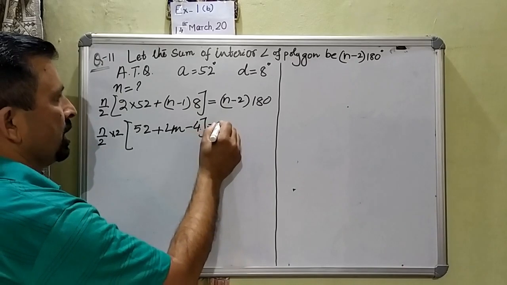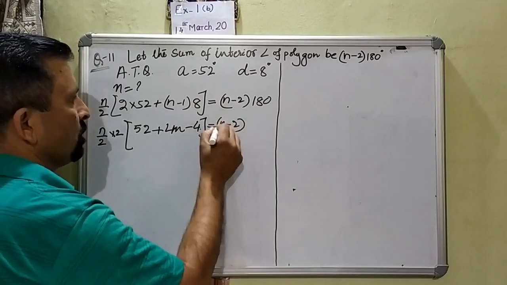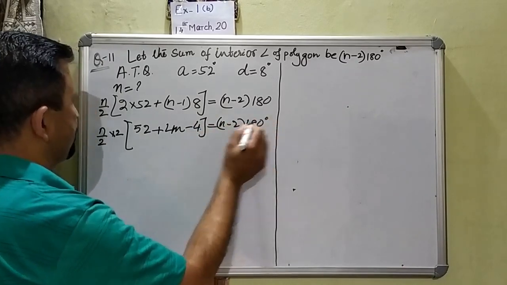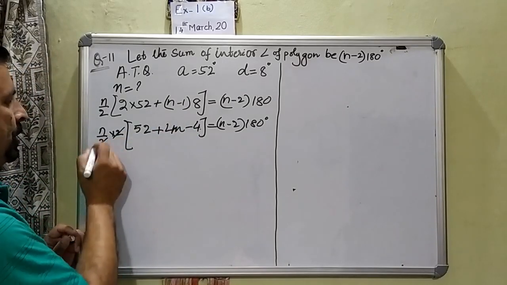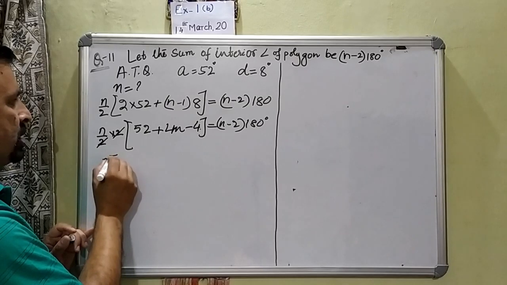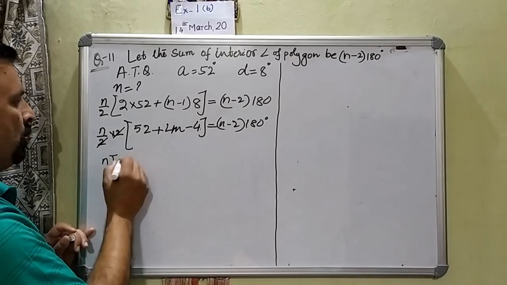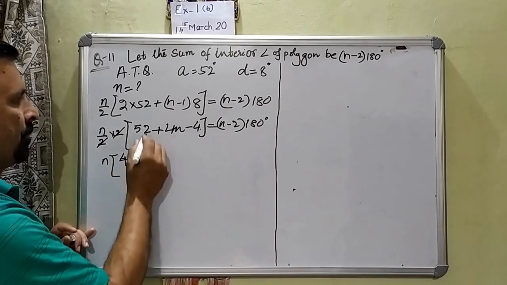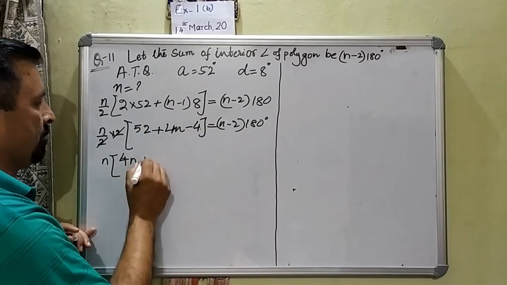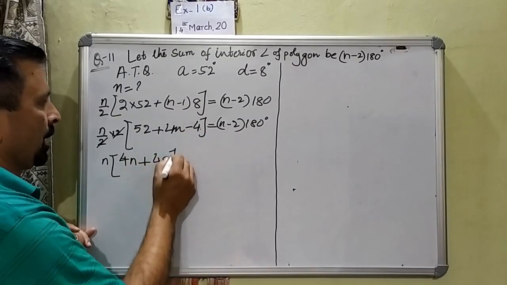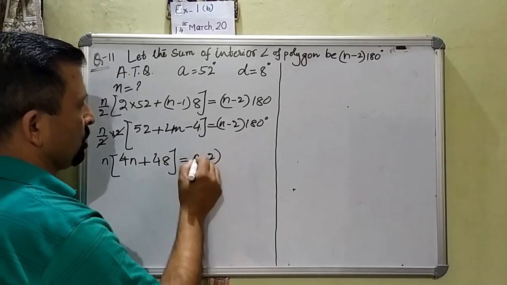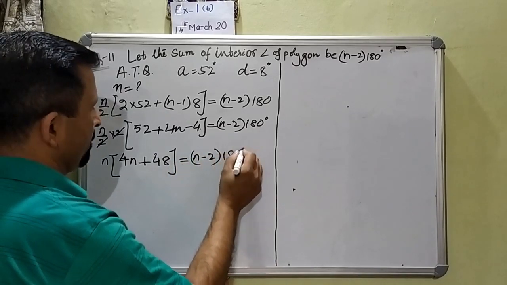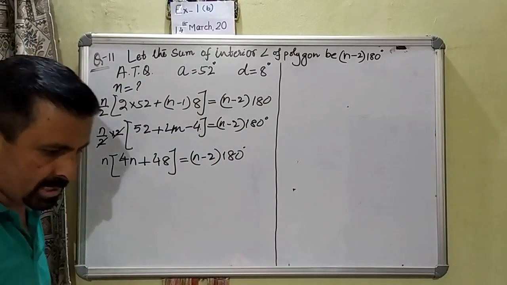This is equal to (n minus 2) into 180 as it is. This 2 and this 2 cancel. After that we can simplify the like terms. So this is n into 4n plus, 52 minus 4 is 48, so plus 48, and this is equal to (n minus 2) into 180 degrees. Hope this is clear.